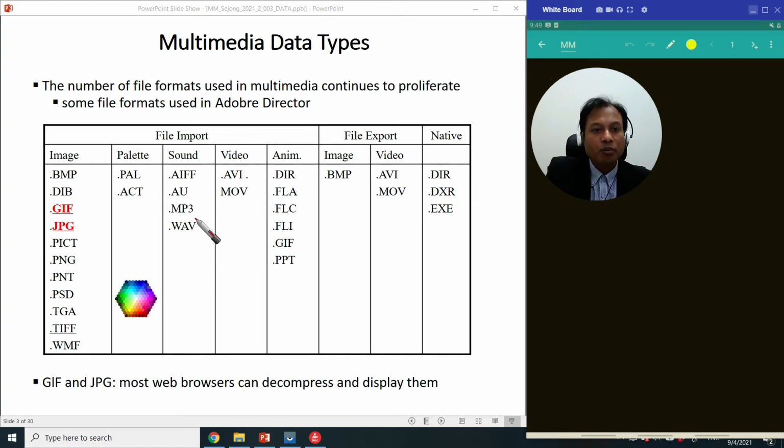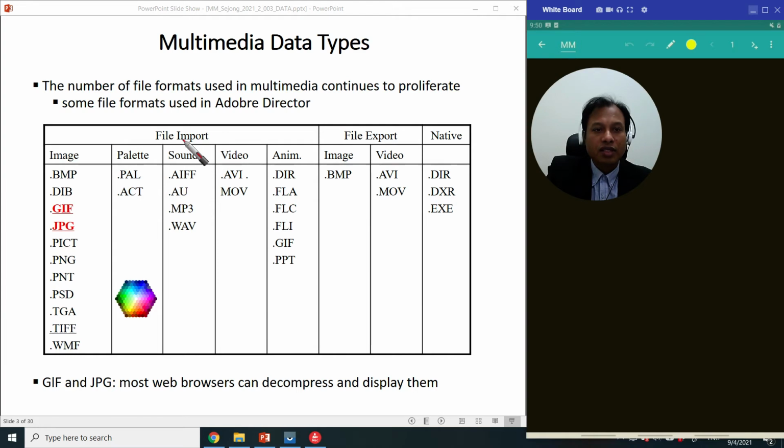There are definitely MP3, WAV, and there are others, AIFF, .AU, and the video file formats AVI, .MOV, and then you have color palette file formats also, .PAL, .ACT, and then you have animation file formats. For example, PPT itself is basically an animation file format, and GIF supports both image and animation file formats. Then FLC, FLA, and DIR, that is Adobe Director. Then some other formats that we see here.